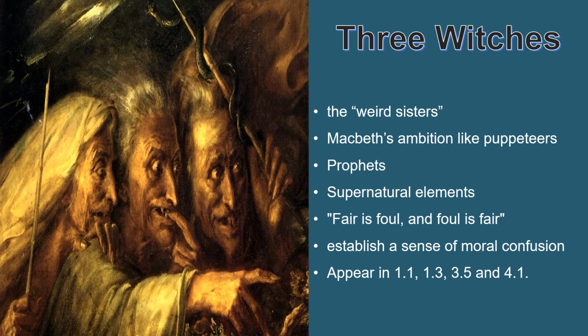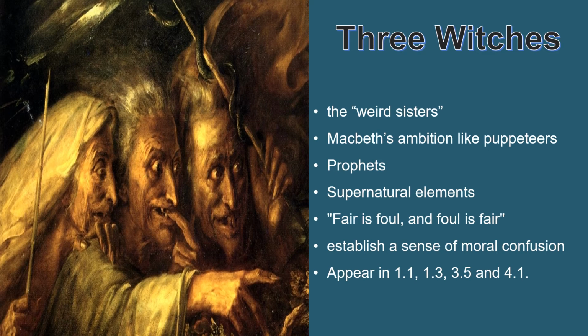Throughout the play, we could hear their famous dialogues, double, double, toil and trouble, fair is foul and foul is fair, which serve as the main theme of the play, where Macbeth's foul play makes him a tragic hero, and they establish a sense of moral confusion in the character of Macbeth.